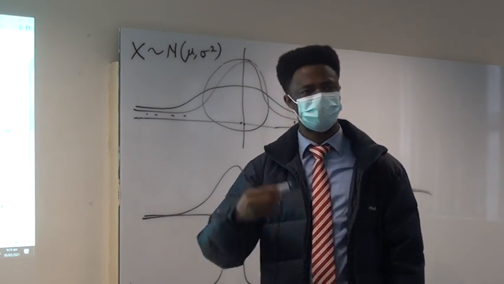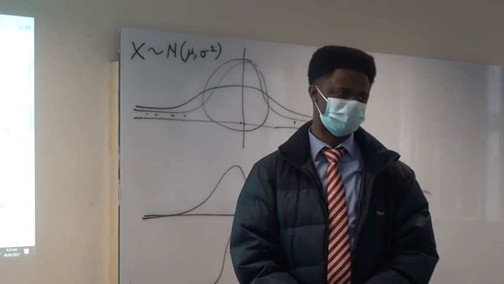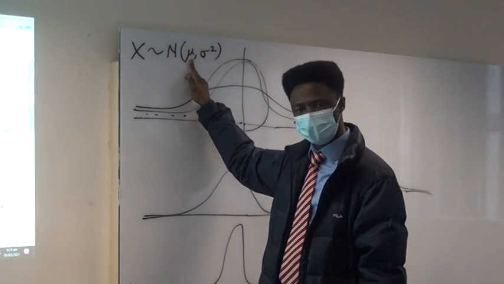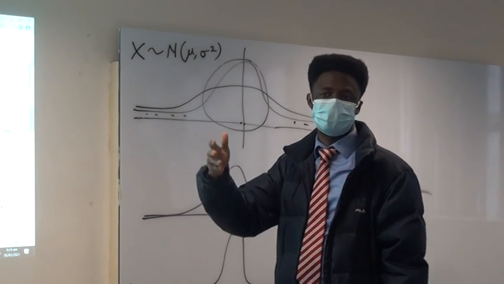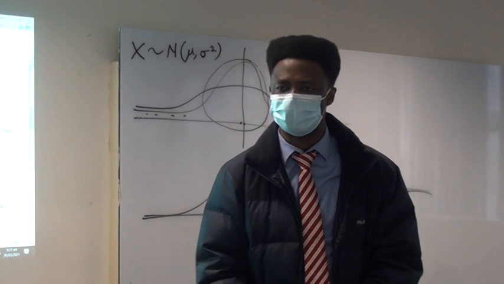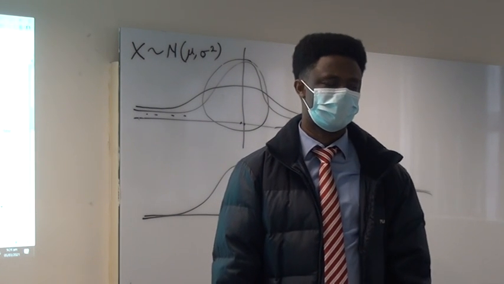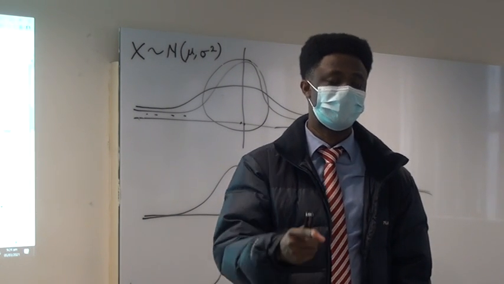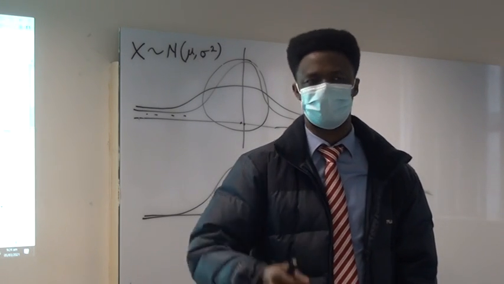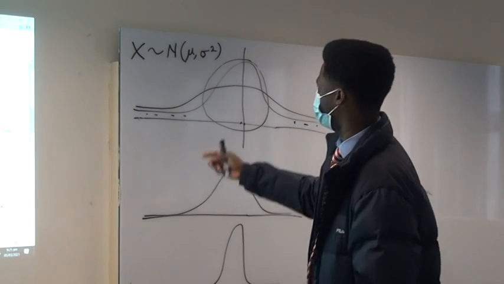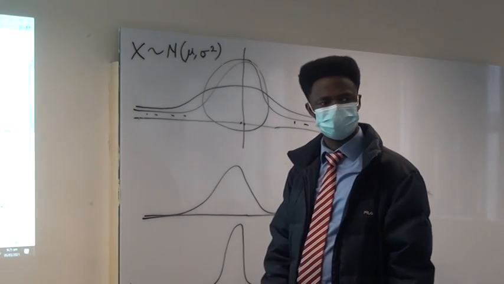It means the distribution of the random variable is a normal distribution. We call this mu and sigma the parameters. Just like for the binomial distribution. What are the parameters for binomial distribution? Say that again? Number of trials and probabilities. N and P. Those are the parameters. So for this, the parameters are mu and sigma.